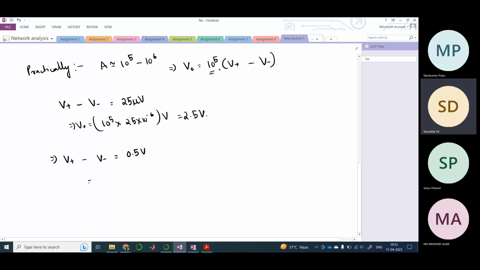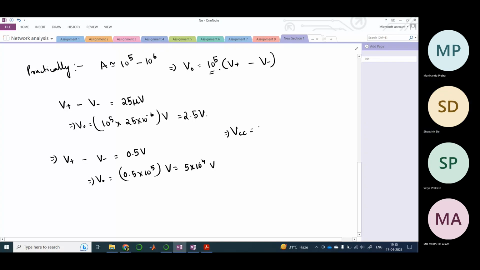Then your output would be 0.5 into 10 to the power 5 volts, which is 50,000 volt, or 50 kilovolt, 5 into 10 to the power 4 volts. But normally we apply plus 15 volts to plus VCC and minus 15 volts to minus VCC, so it's like plus minus 15 volts.